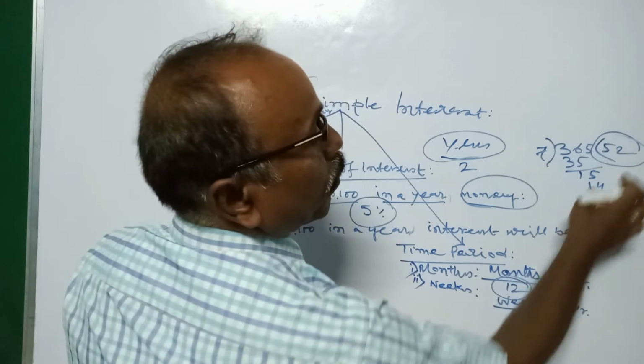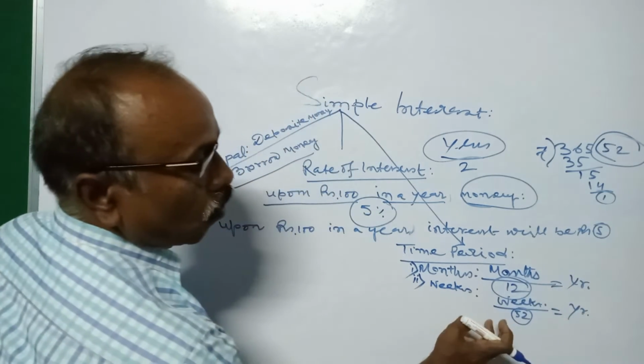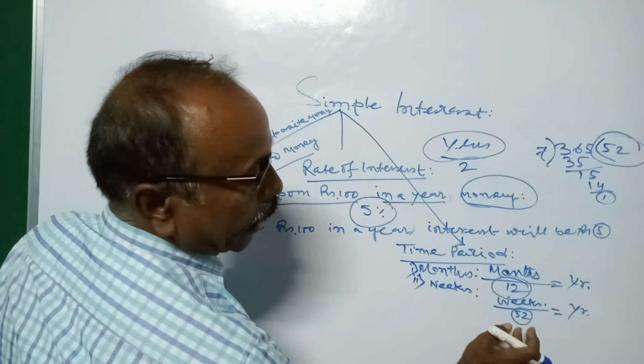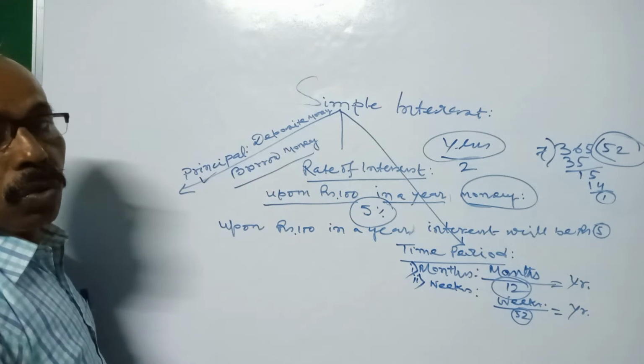So the total in a year is 52 weeks. Now we convert the weeks into years by dividing by 52.